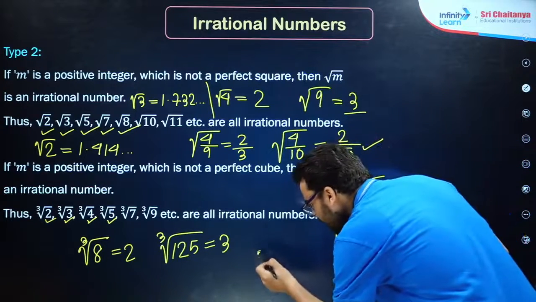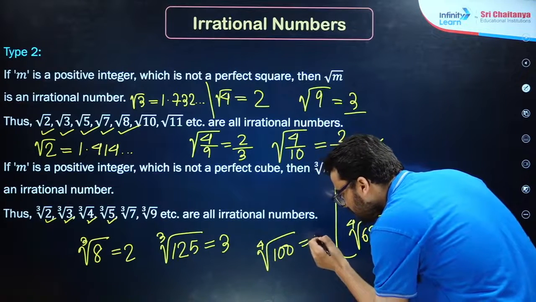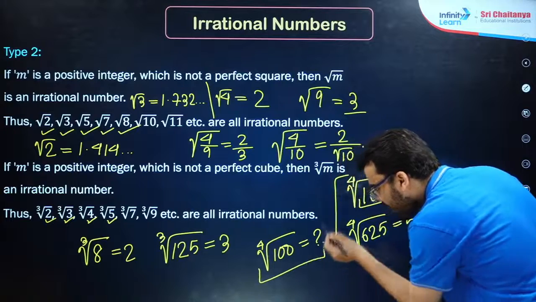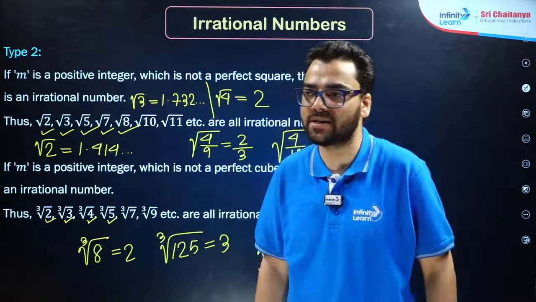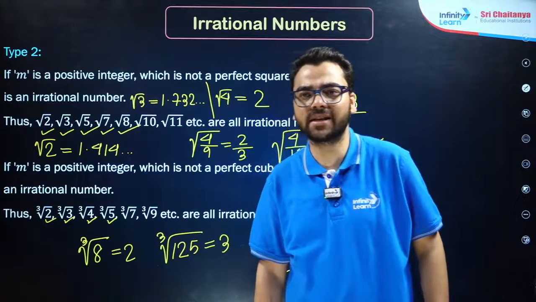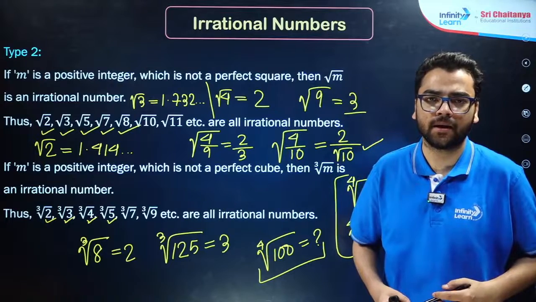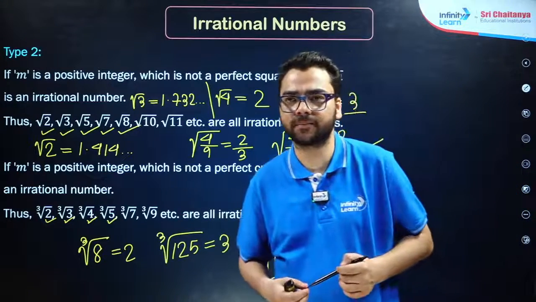But if you find the 4th root of 100, that is an irrational number because you cannot represent it in the form of p by q, where p and q are integers and q is not equal to 0. I'll tell that, Anushka. I hope that logic is clear to every student in this session.